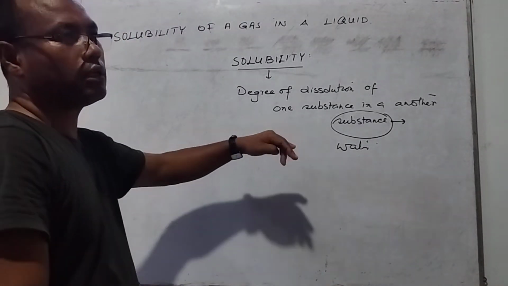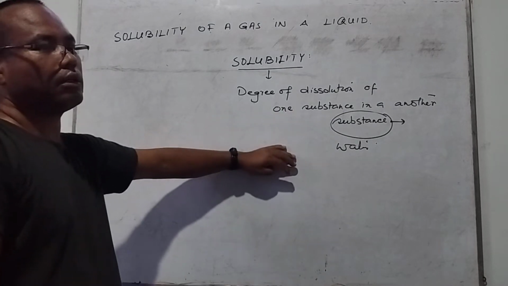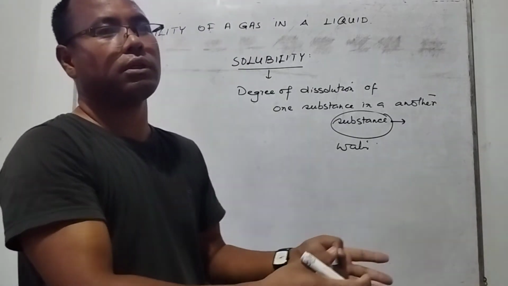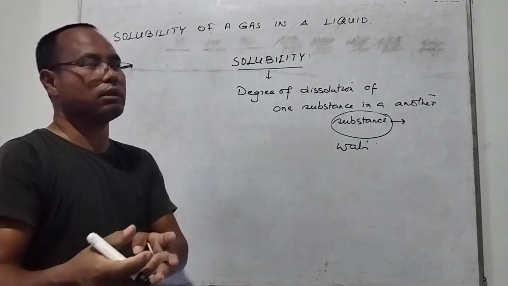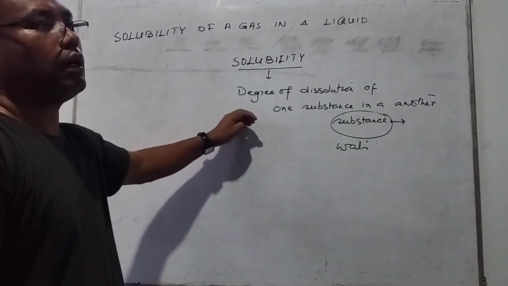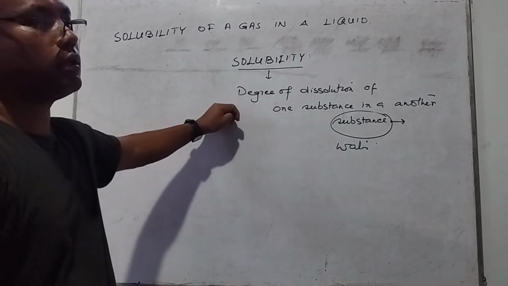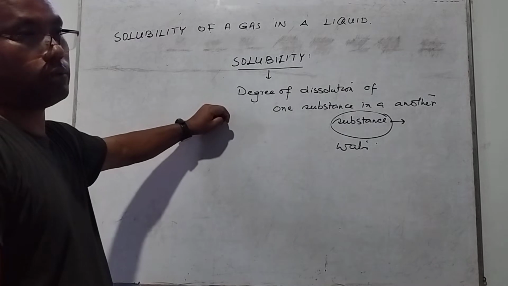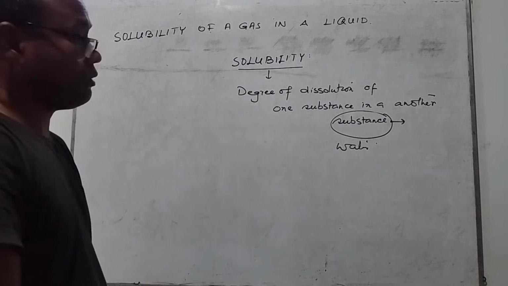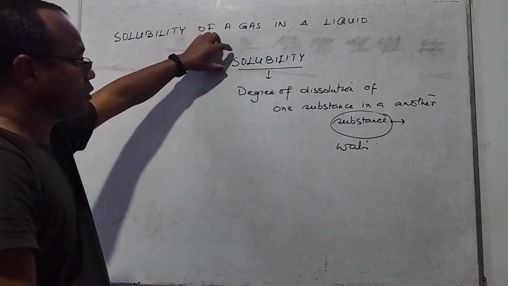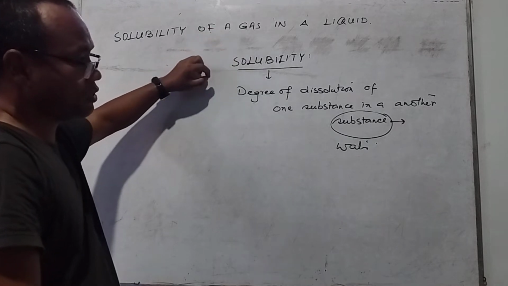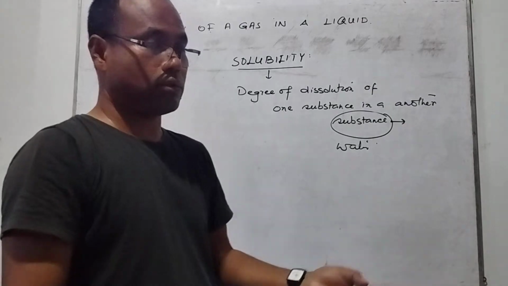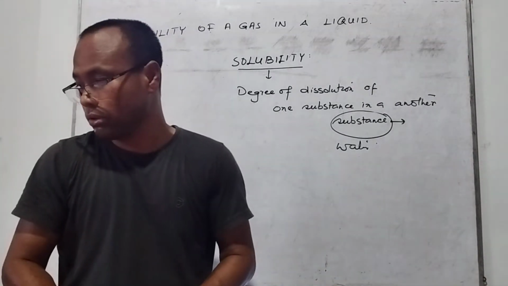As we know from lower classes, like dissolves like: polar substances are soluble in polar solvents, and non-polar substances are soluble in non-polar solvents. Here, solubility means the degree of dissolution of one substance in another substance.